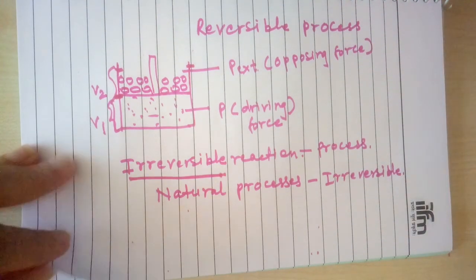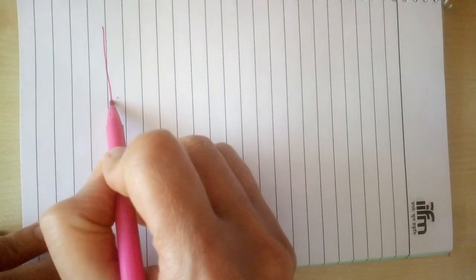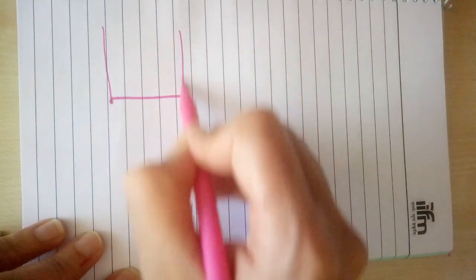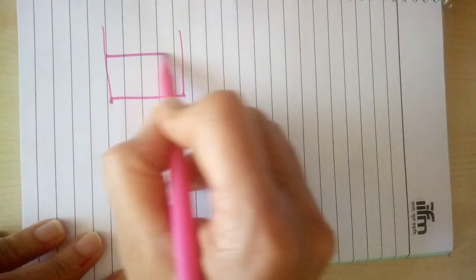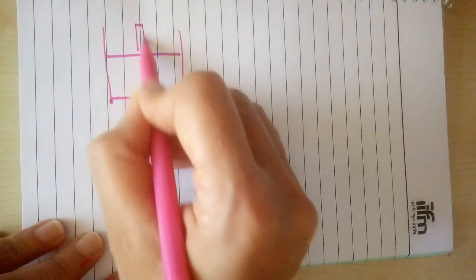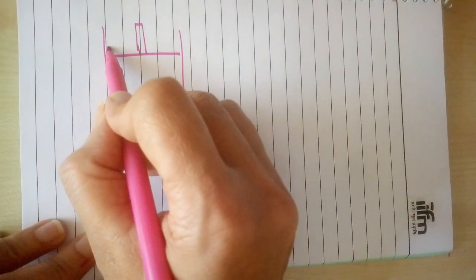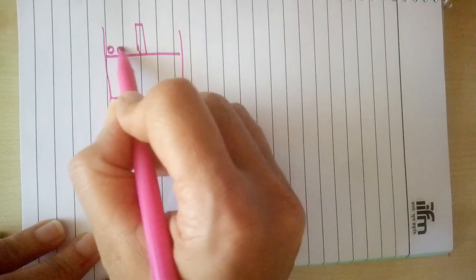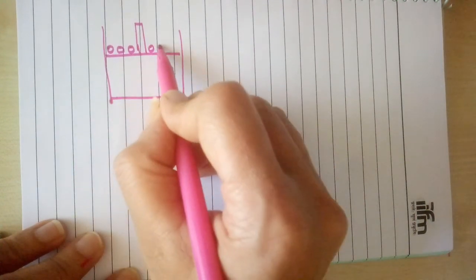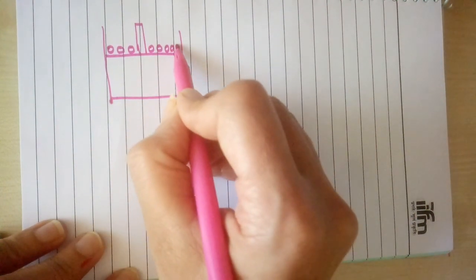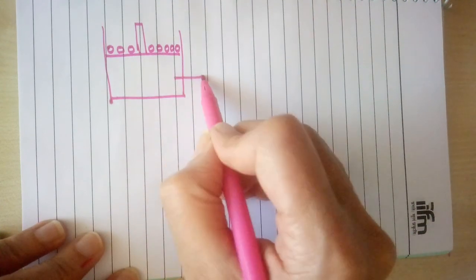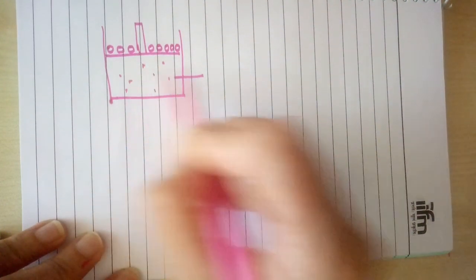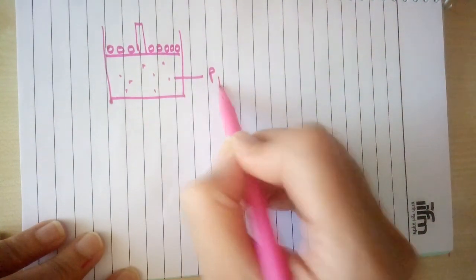Now, instead of this, if there is another situation, if you take a container fitted with a piston and you put some weights over here, again this is the gas with pressure P1, suppose.